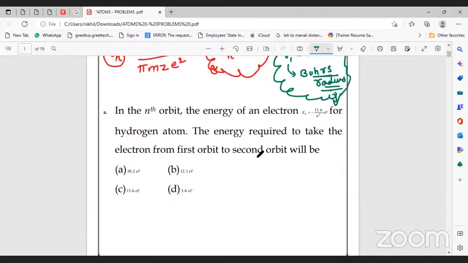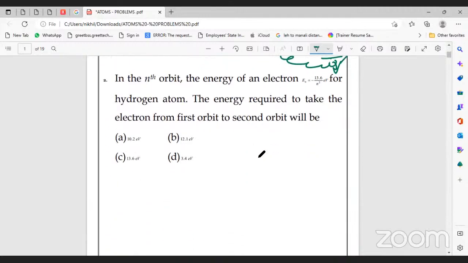Come to the second problem. In the nth orbit of the hydrogen atom, the energy is given by the formula. What is the energy in the nth orbit they have given? It is minus 13.6 divided by n squared electron volt.